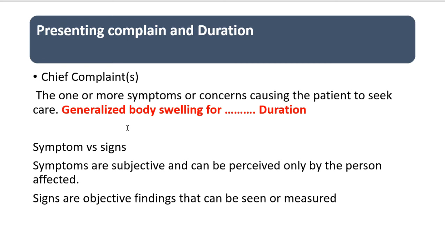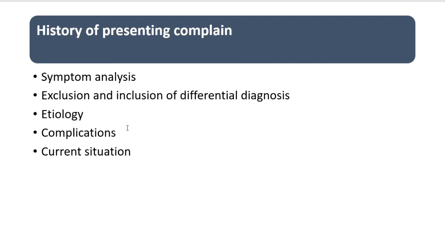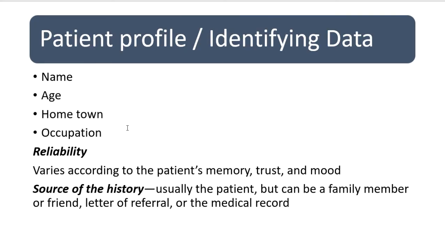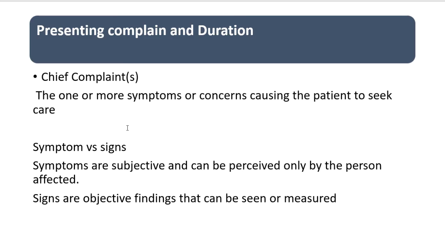So next comes the presenting complaint and duration. Now let's go. The first thing in the skeleton is the patient profile. What is the next one? Presenting complaint and duration. Duration is very important, students, I told you.